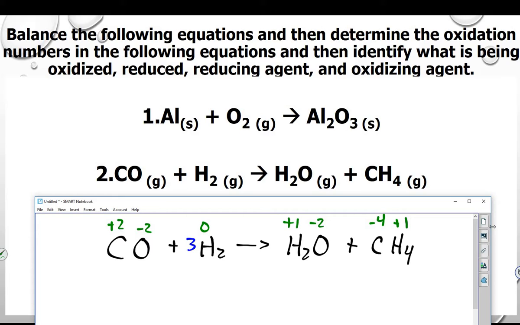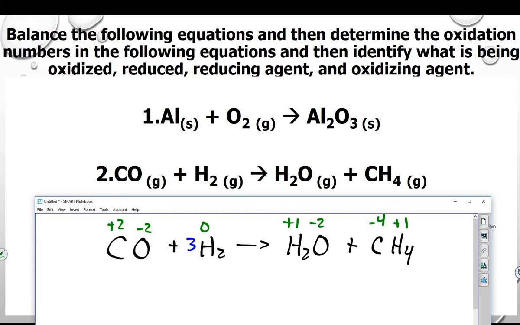Okay, go with what you know for sure. So any element by itself is 0. Oxygen is always a -2 unless it's by itself. Hydrogen is always a +1. So the only thing I had to figure out was carbon, right? And that was fairly easy because oxygen, the first one's a -2, so carbon had to be a +2. On the last one, hydrogen's a +1. I have 4 of them, so I have to have a -4 to balance that out.